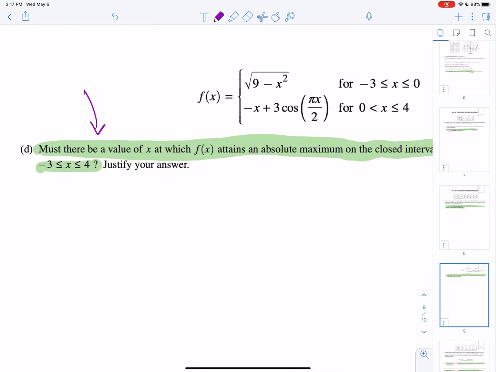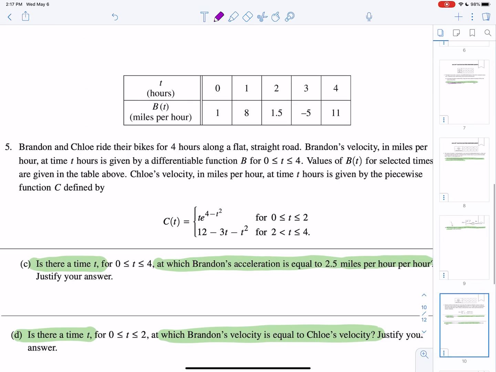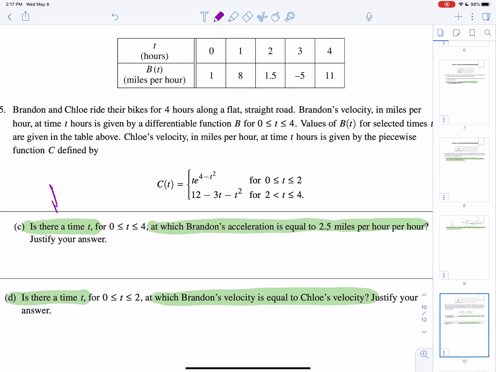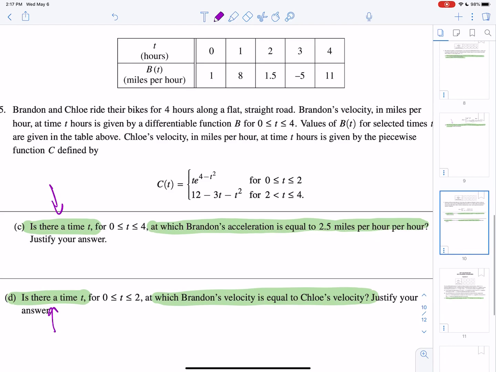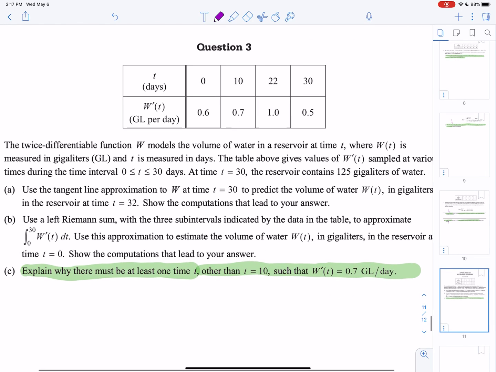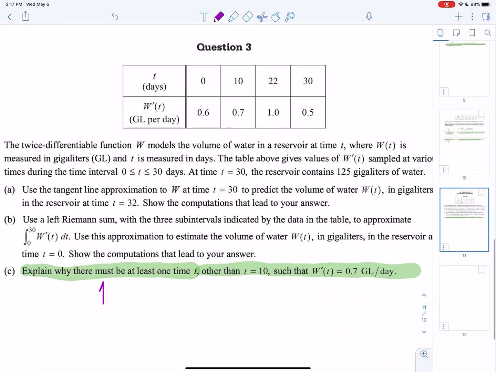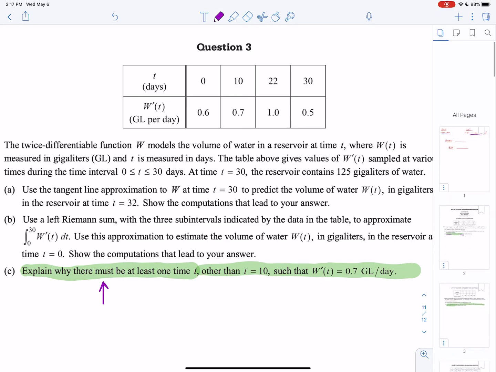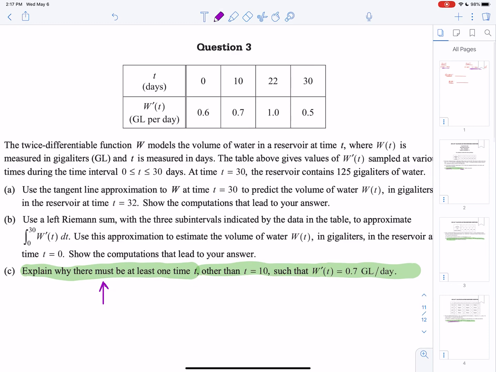Must there be a value of x at which? Is there a time t? And explain why there must be. Okay, so you can kind of see the similarities in the phrasing of it. So here's how you actually handle it. So by the end of this video, I'm very confident that you'll get this down. Okay, here we go.